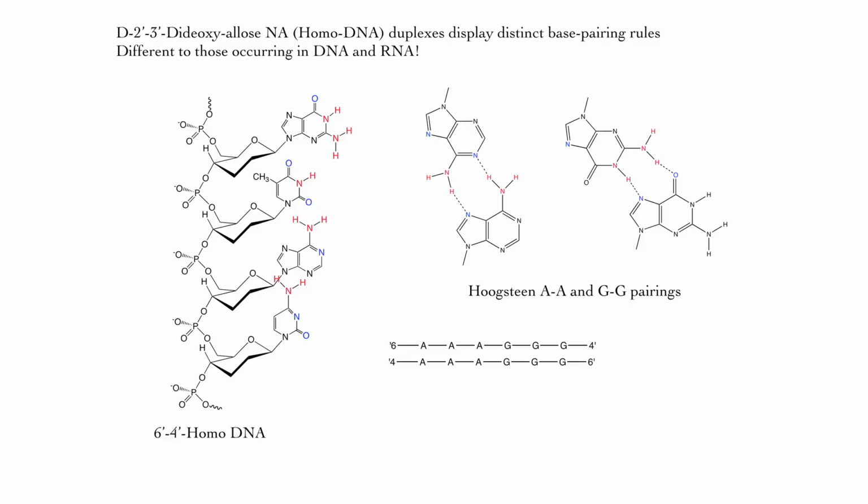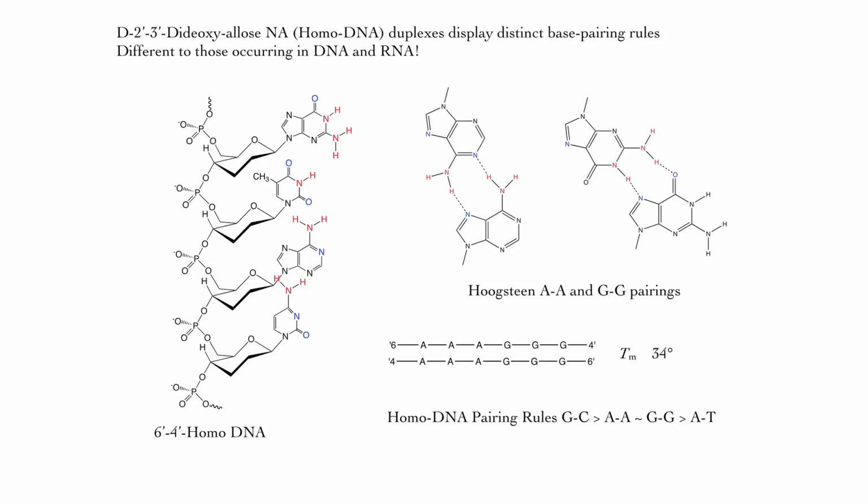And in fact, if you look at these hexamer duplexes, it's a melting temperature of 34 degrees. It's displaying AA and GG pairings. That's comparable with the melting temperature of a naturally occurring hexamer duplex.